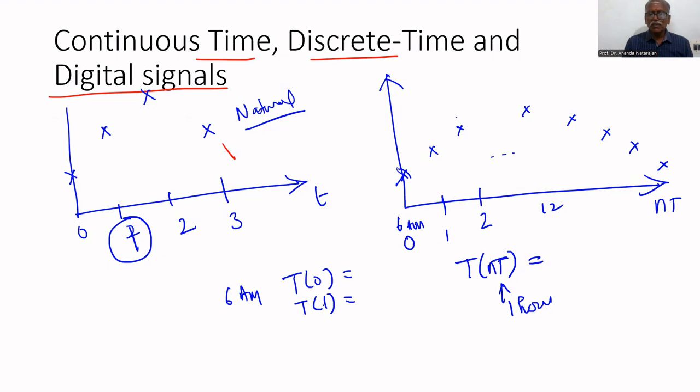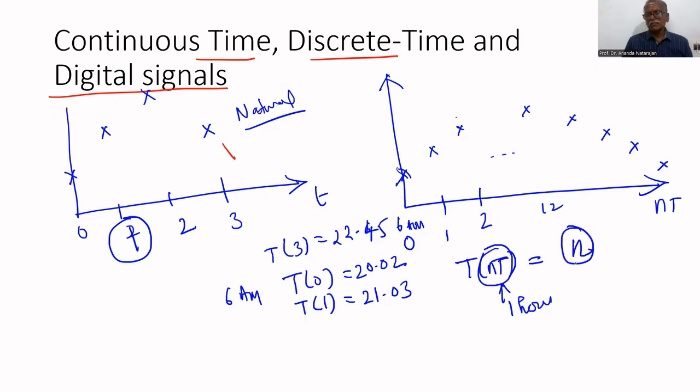Therefore, T of 1 is 20.02, T of 2 is 21.03, and T of 3 is 22.45, like that.